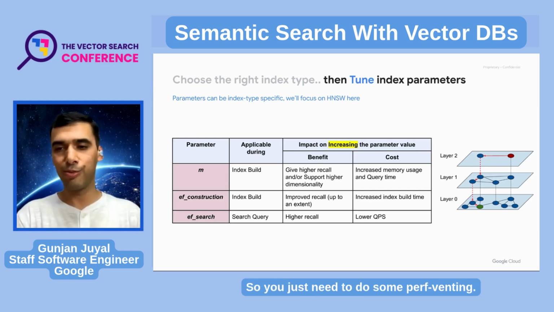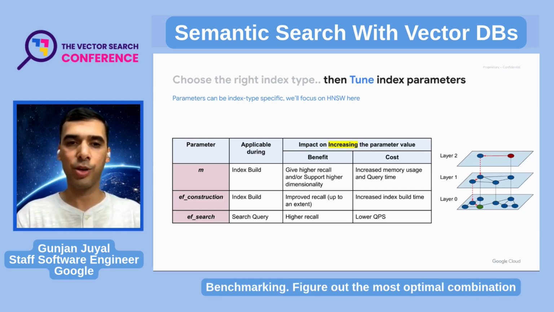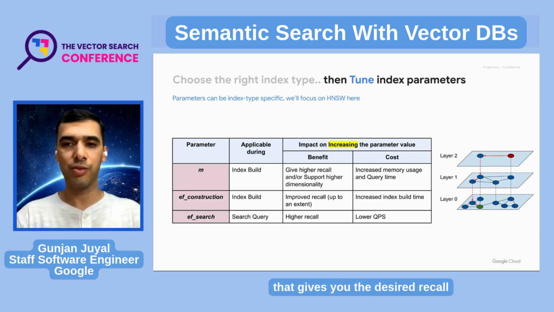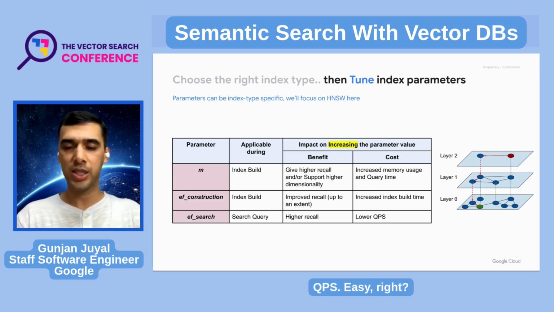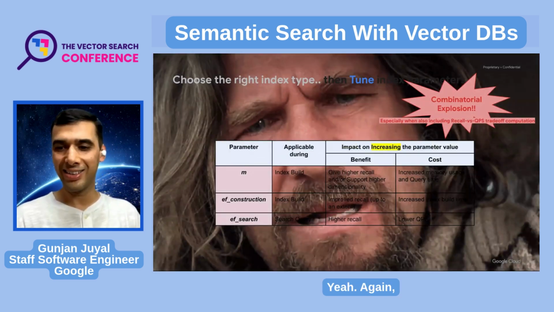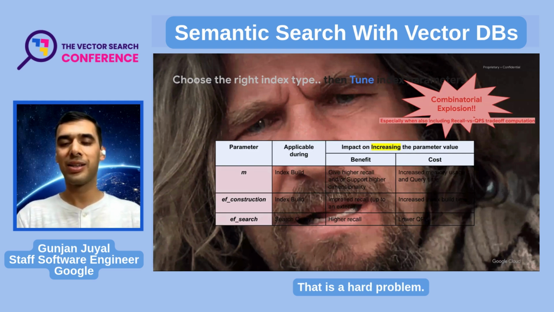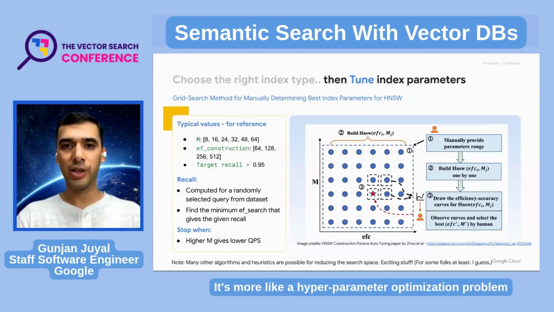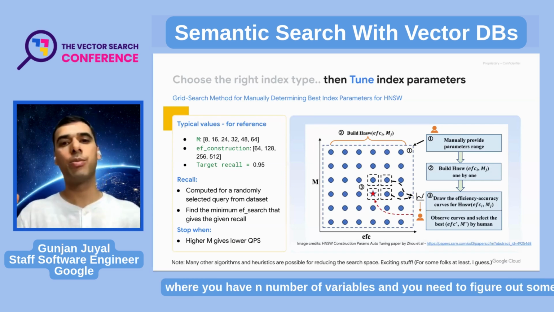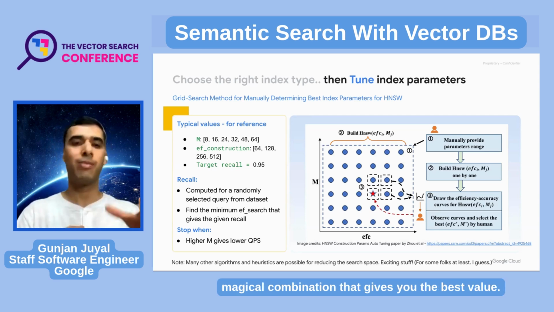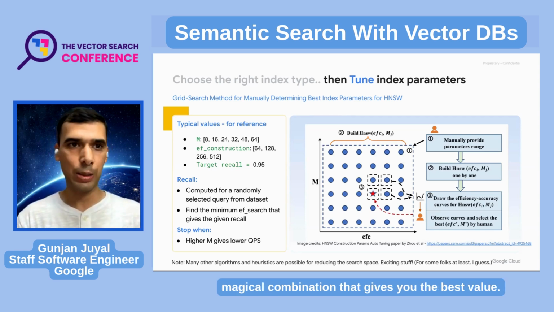So you just need to do some perf benchmarking, figure out the most optimal combination that gives you the desired recall and QPS. Easy, right? Again, that is part of my learning. That is a hard problem. It's more like a hyperparameter optimization problem where you have n number of variables and you need to figure out some magical combination that gives you the best value.